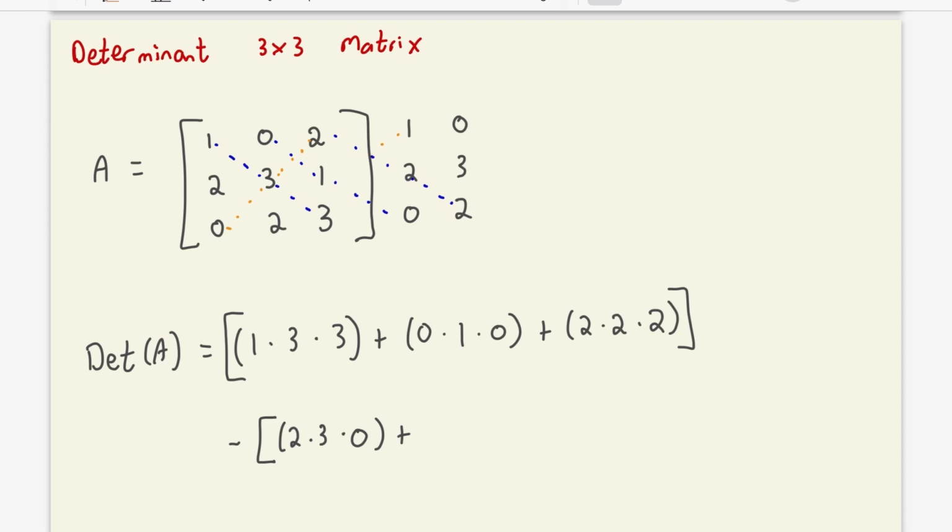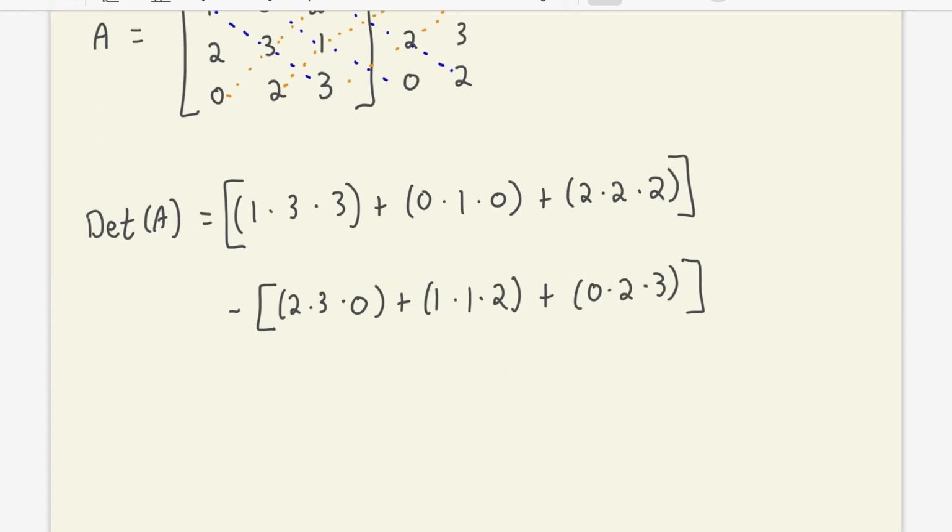So we've got 1 times 1 times 2, there in orange. Plus, and then our final diagonal is, again, 2 outside of the original matrix. So it's 0 times 2 times 3.